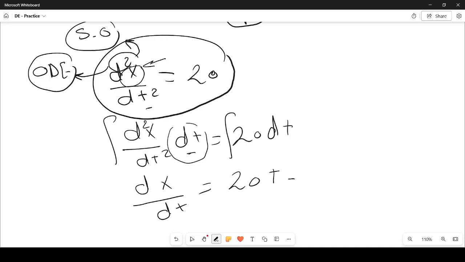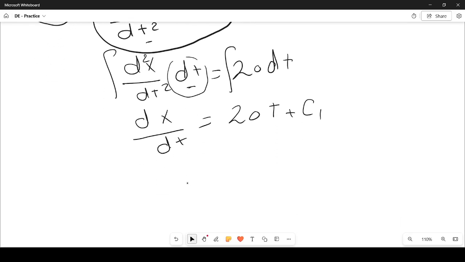and this is going to be so easy: 20 multiplied by t plus a constant, let's say constant c1. So this is actually a differential equation as well, of the first order. So we haven't solved the problem yet. We have x plugged in a derivative, but we can take another integral here.